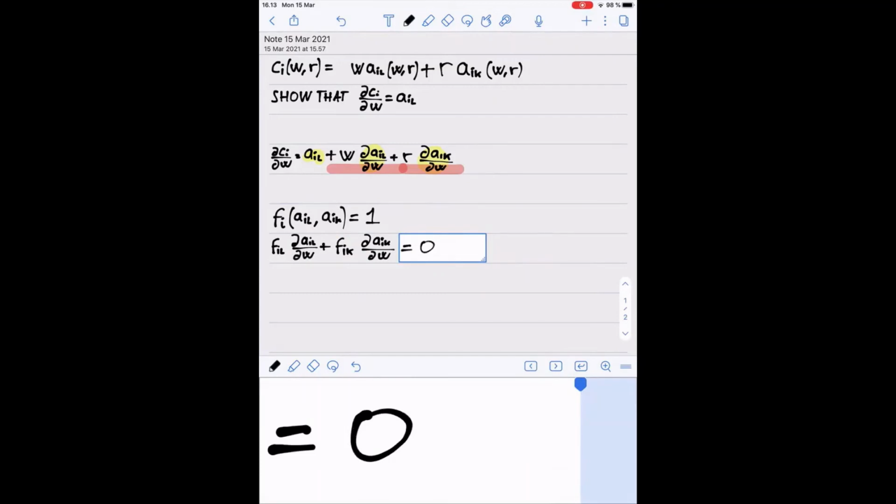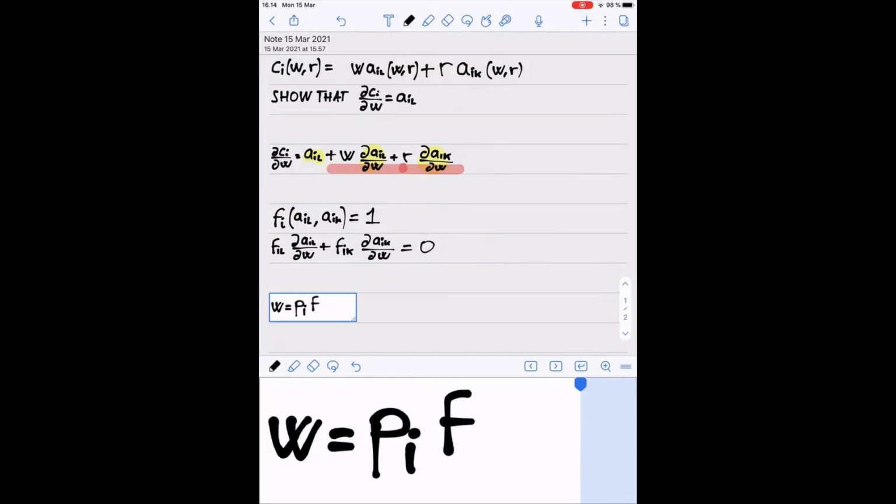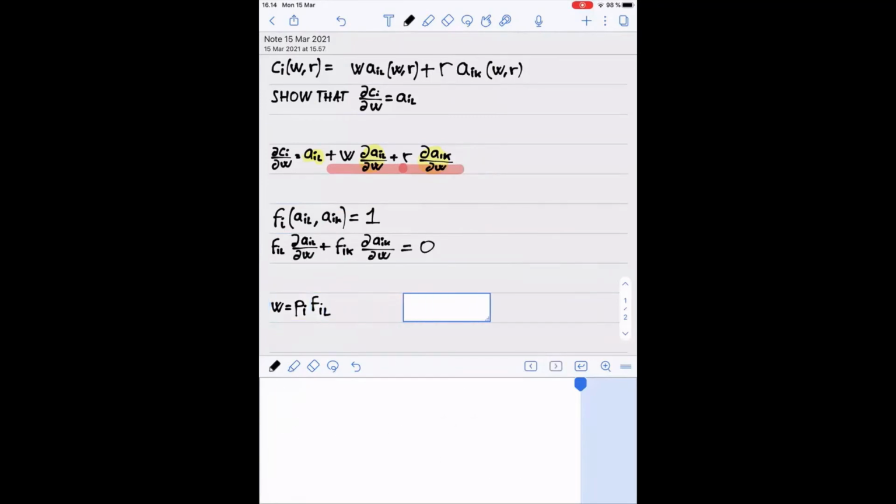Now, let's take a step back and think a little bit about how factors of production are paid in this model. We know that factors of production are paid the value of their marginal product. In other words, the wage is equal to the price of the good, P_i, times the marginal product of labor. And we also know that the rental on capital, R, is equal to the price of the good times the marginal product of capital.